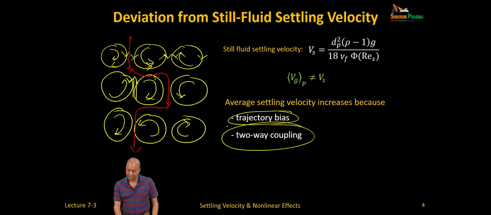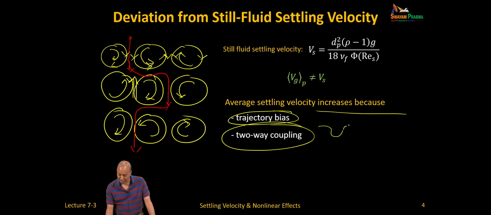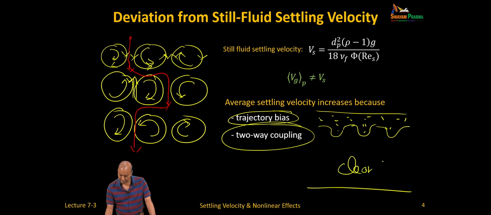The other thing is one of the most important things that I was talking about earlier. So imagine that you have a sediment laden fluid. So these are particles in there, and this is clear fluid. This fluid here, since there are particles, is heavier, and this fluid outside is lighter.